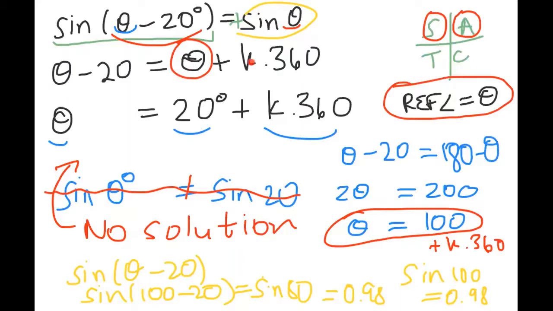And the other one I said that theta minus 20, which is that, equals the 180 minus theta. So the 180 minus theta, if it was other things like cos or tan, then we would have used maybe something different, 180 plus theta, 360 minus theta. But just the reference angle we're using here, that's the one that we are referring to, and then we just work out the solution.